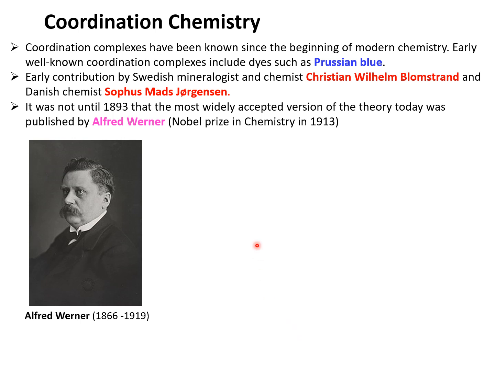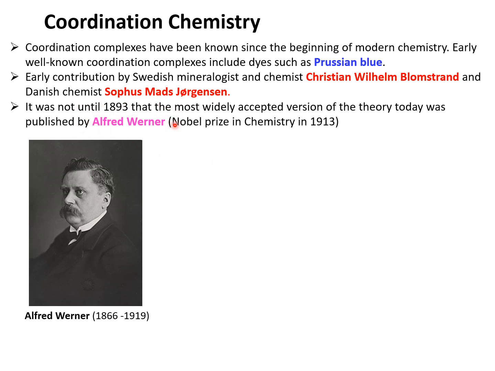So, the complexes are said to be colored. For example, Prussian blue, an early well-known coordination complex. Early contributions were made by Swedish mineralogist and chemist Christian Wilhelm Blomstrand and Danish chemist Sophus Mads Jørgensen.